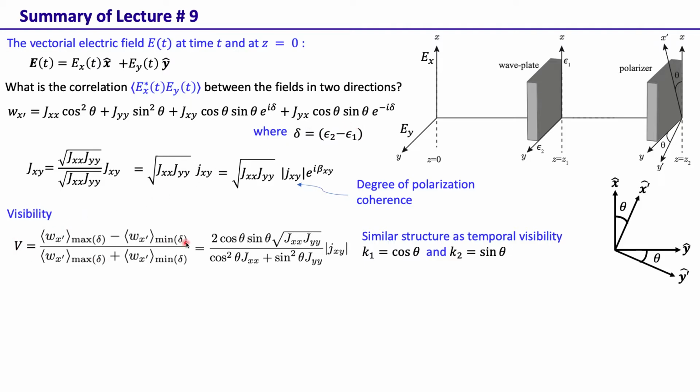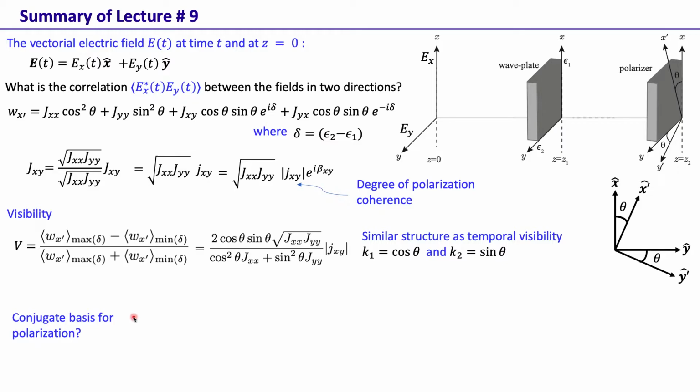So if we maximize or minimize the intensity over delta, this is the expression for visibility. These concepts in polarization are analogous to what we have in the case of time, space and angle.